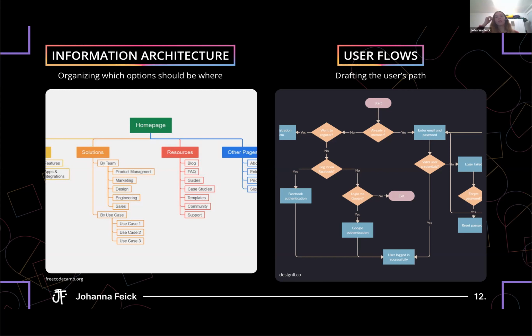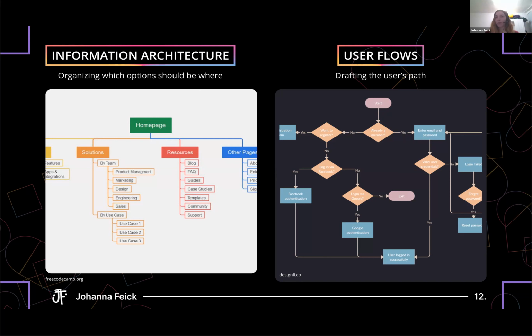Or as displayed here, for example, for a website, you will be thinking about, I need an About Us page, and this About Us page should talk about the team and our product management team, our marketing team, and so on. And it just helps you organize what information is relevant in what part of the app.